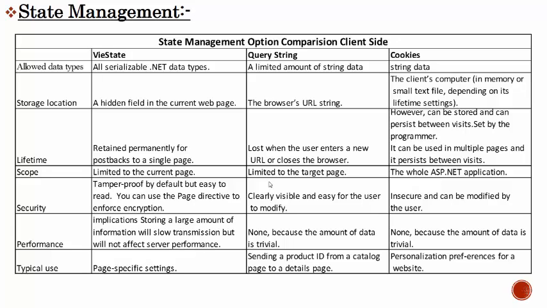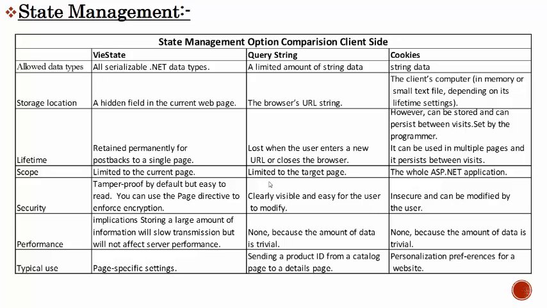Cookies are insecure and can be modified by the user, or seen by the browser. And now hidden field. What about its security? Any person can see the hidden field values, because by viewing the page source, the hidden field value can be seen.